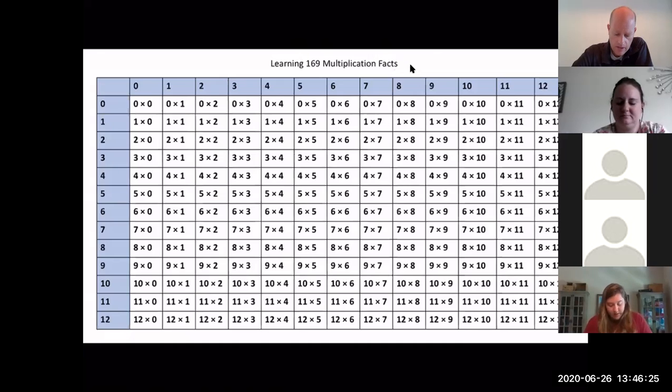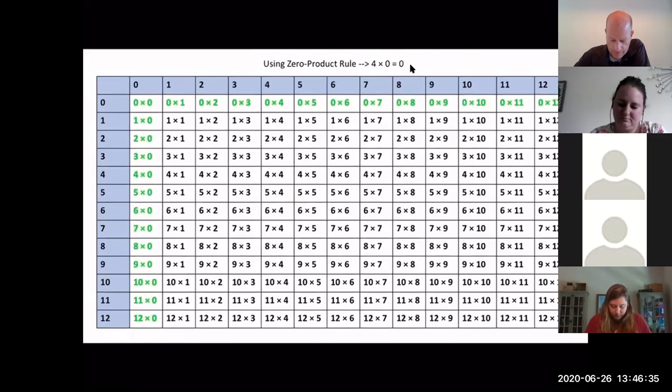Anyway, moving on. We do need to talk about each of the groups here, and I call them tables, like your zeros and ones tables or your fives tables. We're going to think about how each set of facts is memorized, and we are going to start with the zeros.